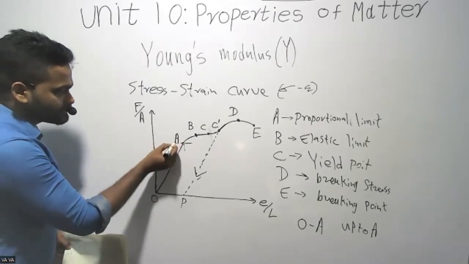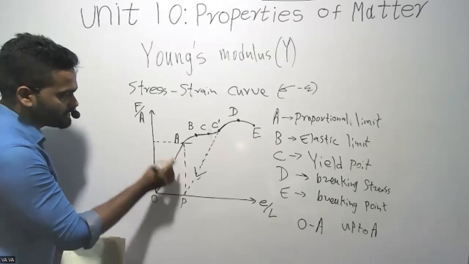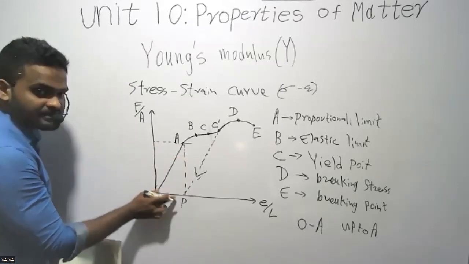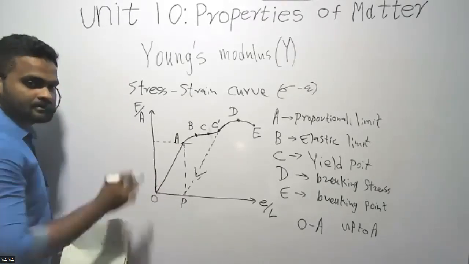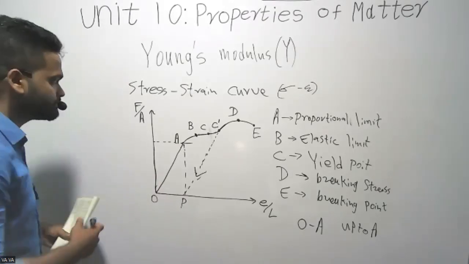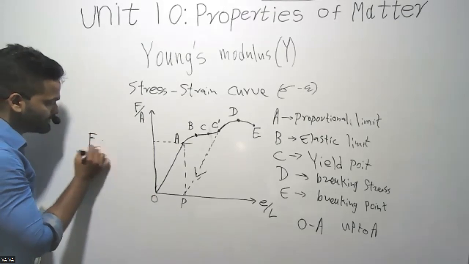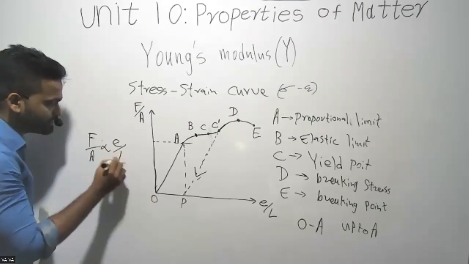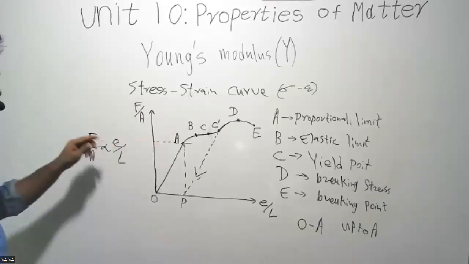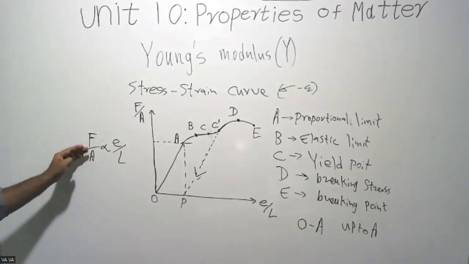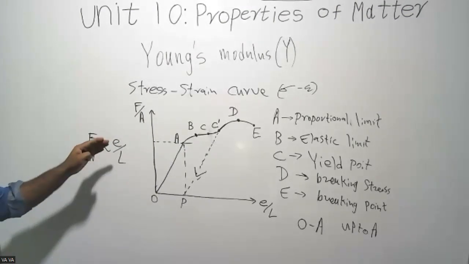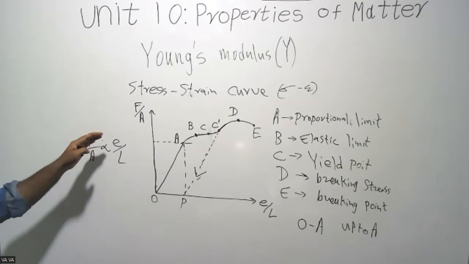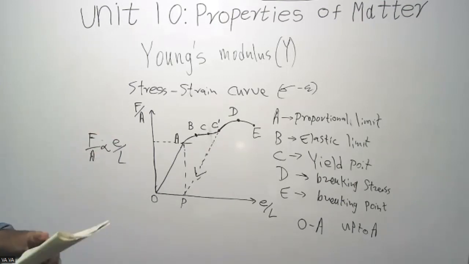So what happens? This is the strain, this is the stress. So this is proportional to stress only up to A. Take this down. F over A proportional to E over L.